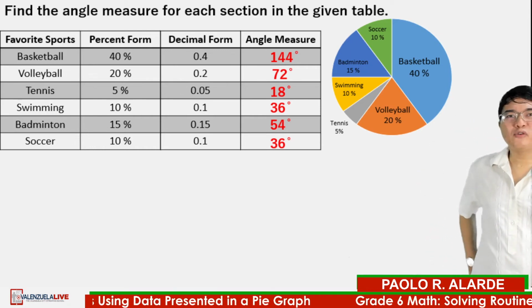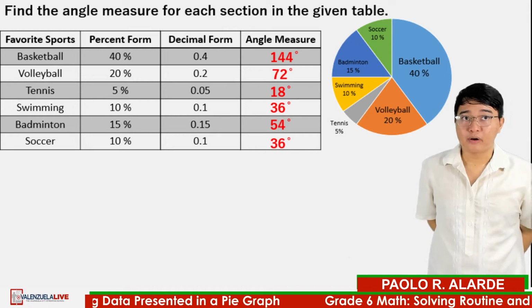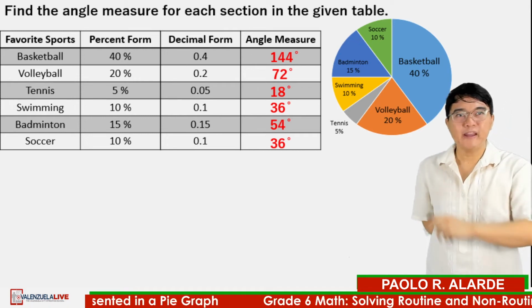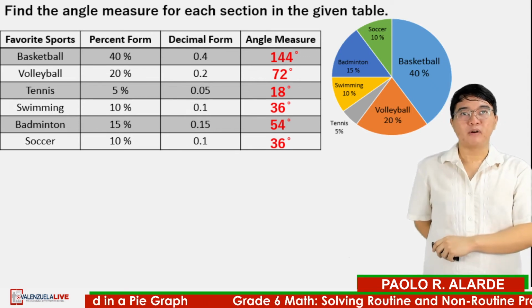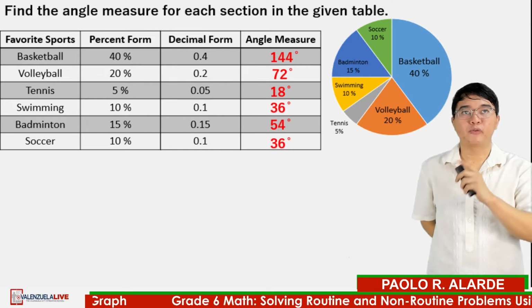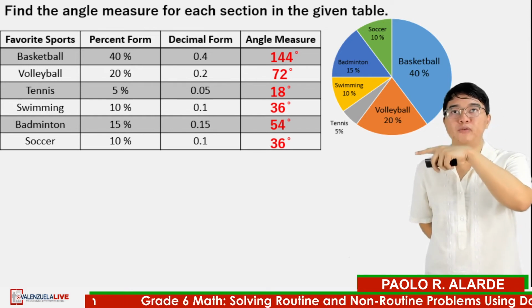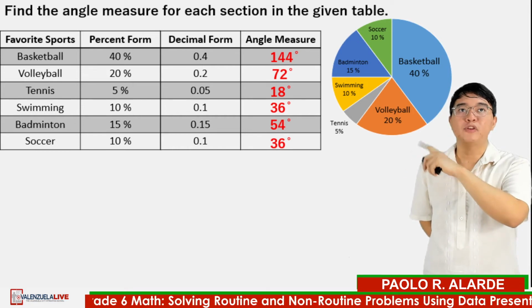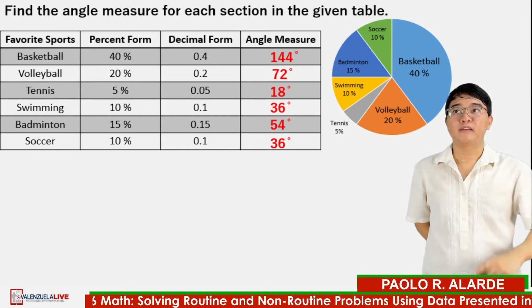Now, by just looking at the table alone, or by just looking at the pie graph, you will be able to answer some of the questions with regards to this table and this circle.